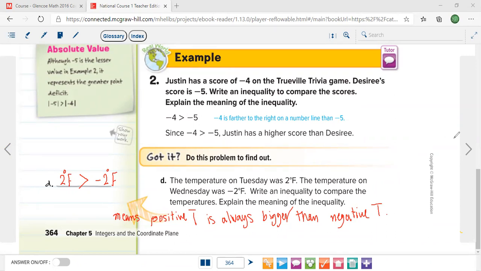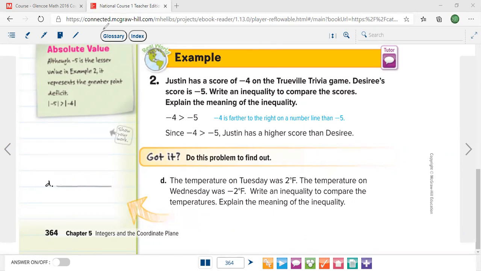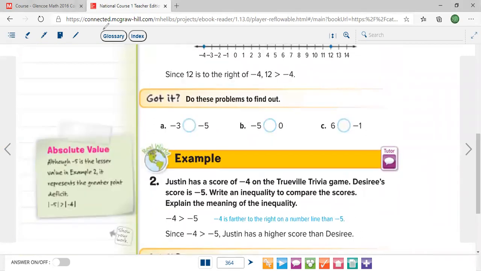The lesson is so easy, and I know it's easy for you all. So let's move on. I think, yes, we need to solve A, B, and C. Of course, negative 3 is bigger.